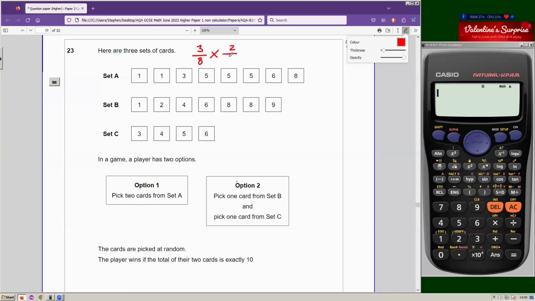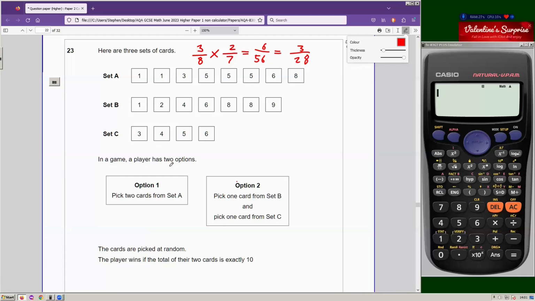You've got to pick one of those. Okay, that's 3 2s are 6, 7 8s are 56. That's 3 over 28, I think. Yes, that's right.